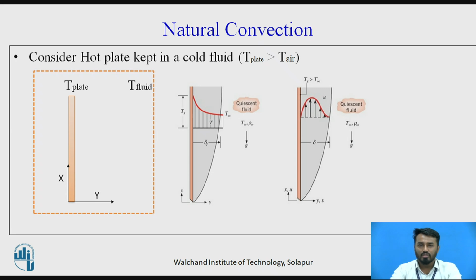Within that delta domain, the velocity will vary according to the mechanical principles, one being the no slip boundary condition, and at the other end we have the atmospheric velocity. Within that domain only the velocity will change, and the boundary layer forms for that plate as shown in the diagram.